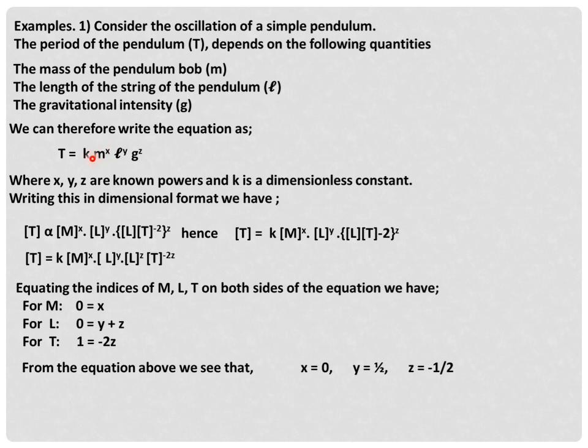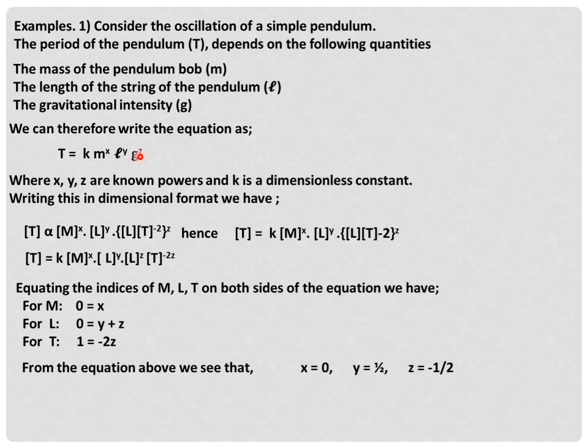Then it tells us that the period of the pendulum does not depend on the mass of the string or the mass of the ball, because we have solved this equation, and we have x as 0, y as half, and z as minus half.